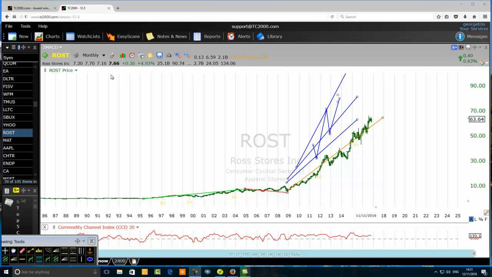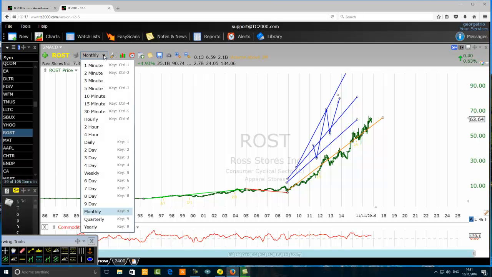It's not very clear, but you can count the wave. So you can start counting. I use the monthly chart very often to count wave. And then I go to the higher time frame, yearly chart, then I go to the lower time frame, which we explained last time about how to combine the Elliott wave analysis and multiple time frames. Check it out at 2-4 Elliott Waves YouTube channel.